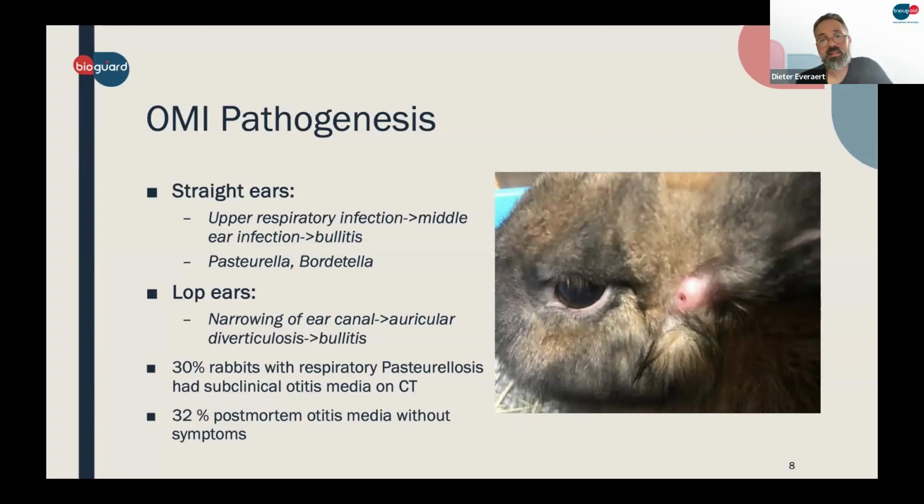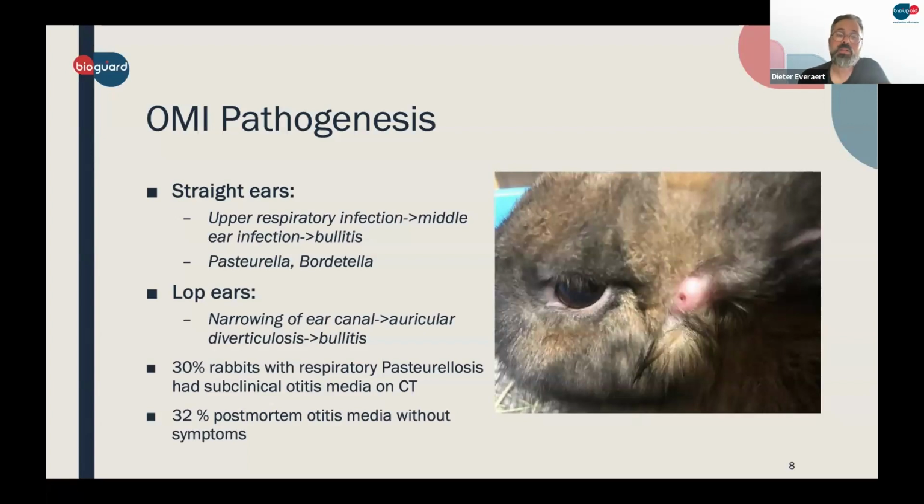So that means that even when they don't have head tilt, they already can have some kind of otitis media, making it even more difficult to get a definitive diagnosis, because it might be that the otitis media you see on CT has been there for a longer time, and it's now Encephalitozoon cuniculi causing the active infection, or it might be that it's indeed the otitis that's causing the head tilt at the moment.